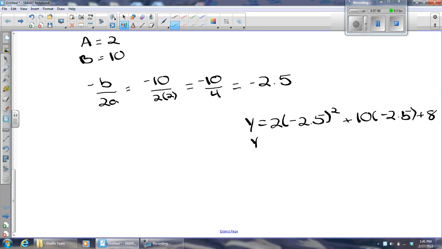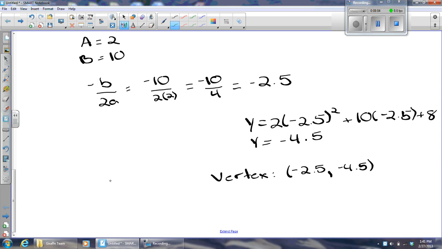When we evaluate that, y equals negative 4.5. So our vertex is going to be at negative 2.5 and negative 4.5.